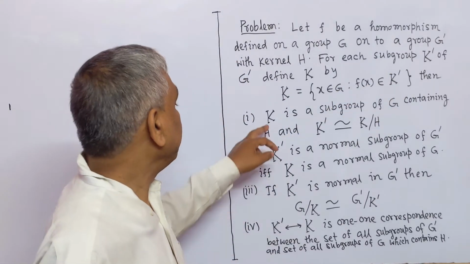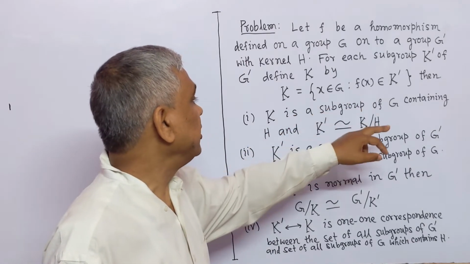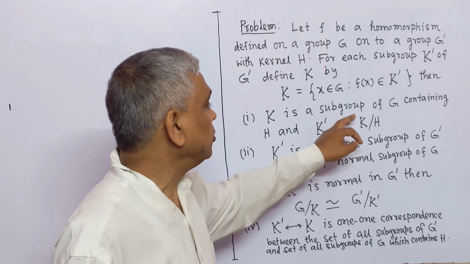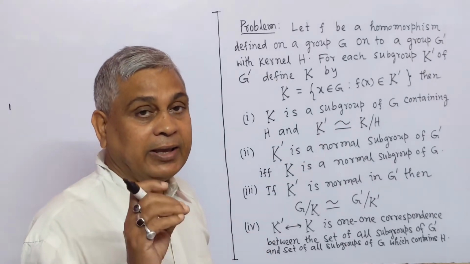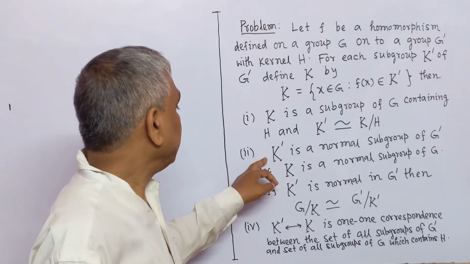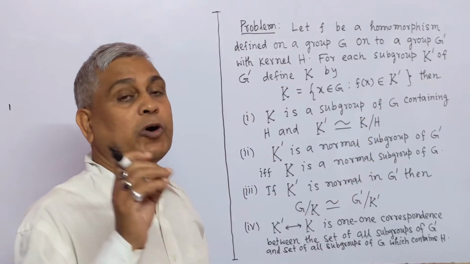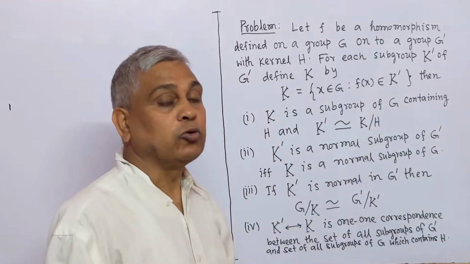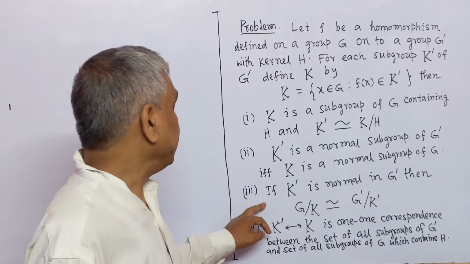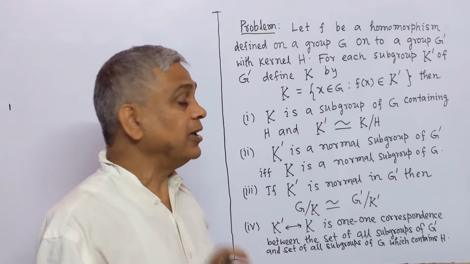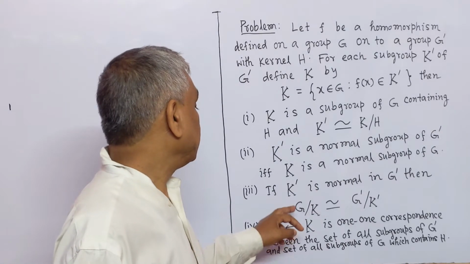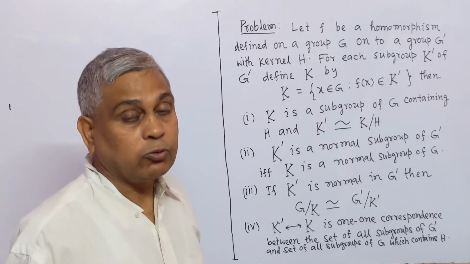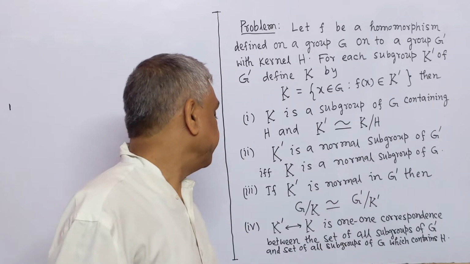Then number 1, K is a subgroup of G containing H and K prime is isomorphic to quotient group K by H. Number 2, K prime is a normal subgroup of G prime if and only if K is a normal subgroup of G. Number 3, if K prime is normal in G prime, then quotient group G by K is isomorphic to quotient group G prime by K prime.